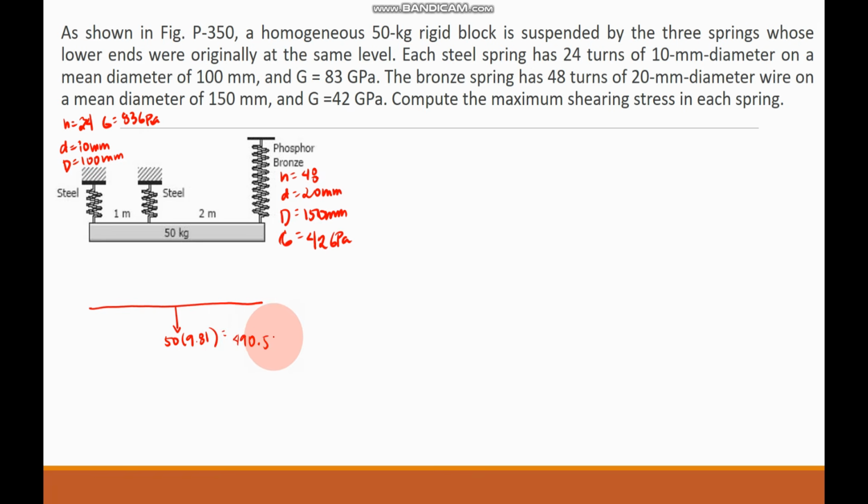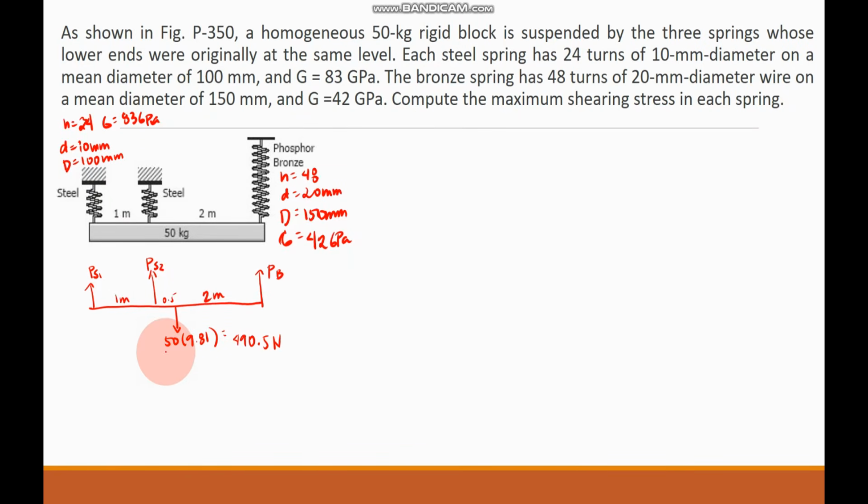This is in meter per second squared, and this one is in kilogram. And then we have here, let's say, the force exerted by the steel 1, and then force from the steel 2, and then from the bronze, let's say PB. This is 1 meter, so this is 0.5, and this is 2 meters.